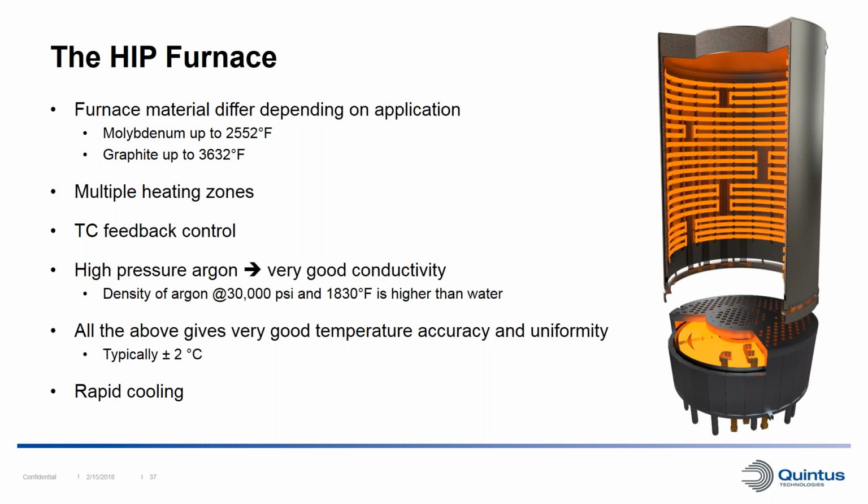All Quintus systems also have a rapid cooling capability, which we talked about in the earlier part. I should also say that, due to the high pressure and high temperature, the density of argon is very close to water, and this is why we have such a good heat conduction rate between the gas and the component itself.